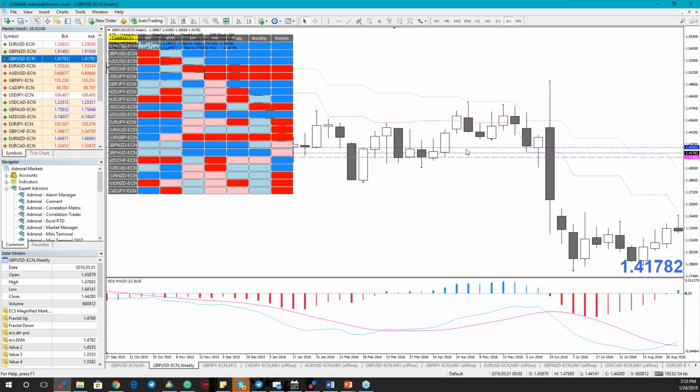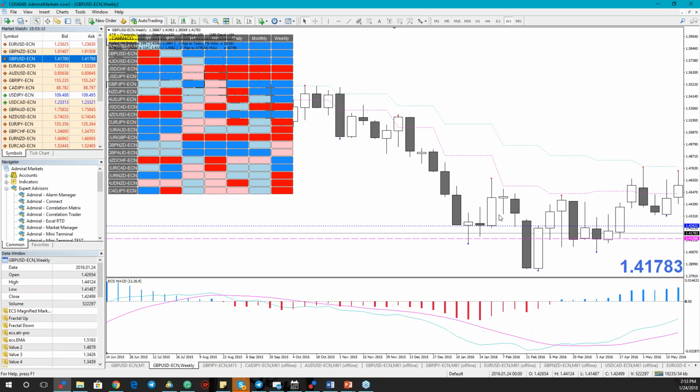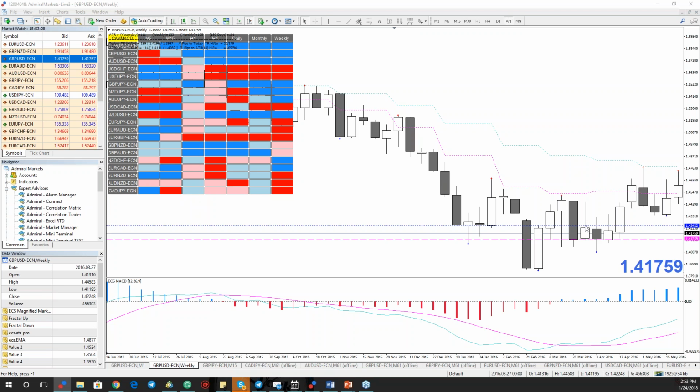So around this level here, we had a previous breakout. First we had sellers there, then there was a retest, unsuccessful, and another sell happened here. Then this candle here actually closed below 42.40.